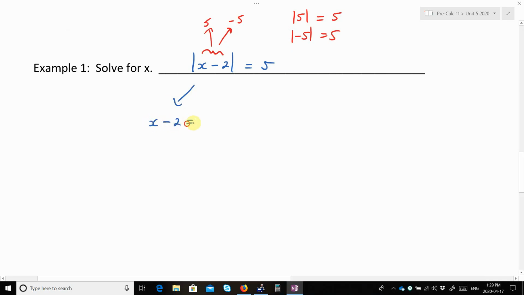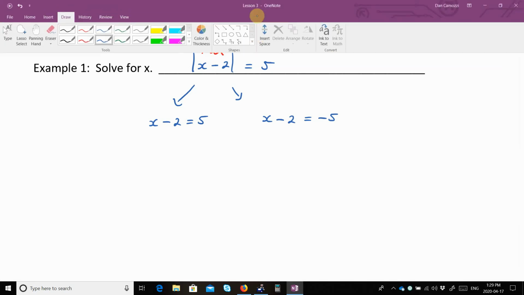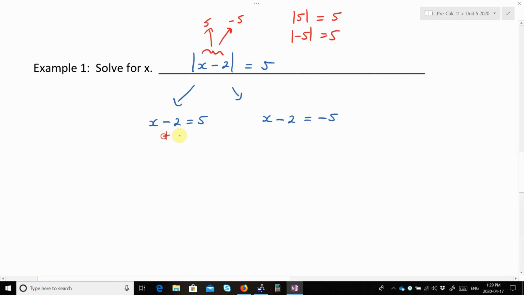X minus 2 could work out to 5, okay, because the absolute value of 5 will equal 5. And the other equation is that the x minus 2 could work out to negative 5. And then when you absolute value that, you'll get 5 as well. So you end up getting two little equations that you can solve. And you add 2 to both sides.